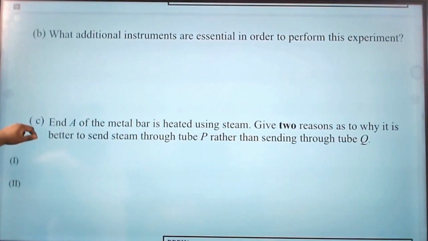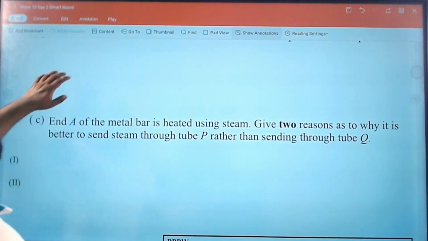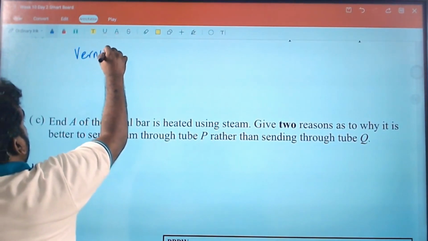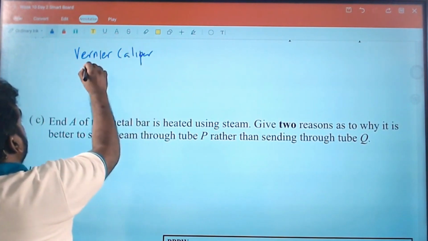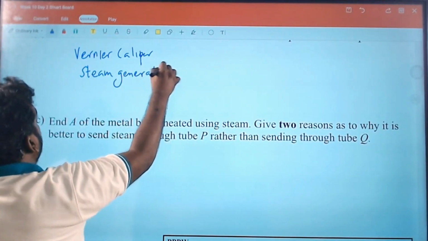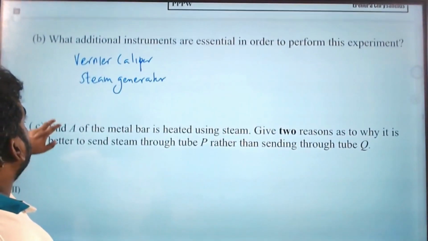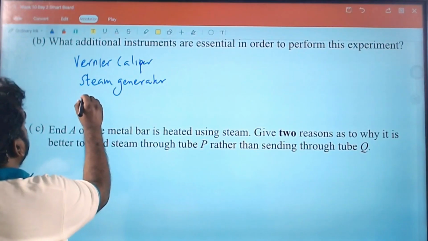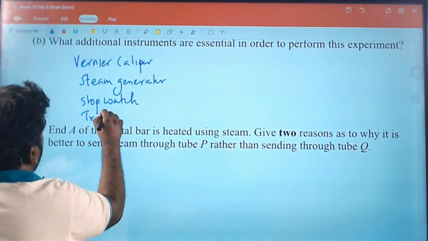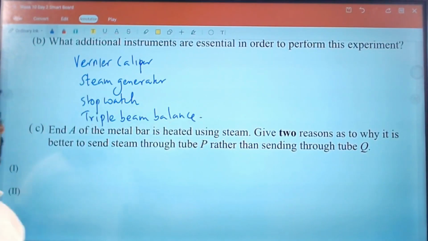So vernier caliper, steam generator, stopwatch, triple beam balance.